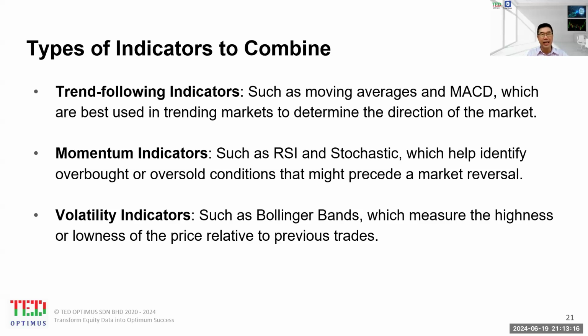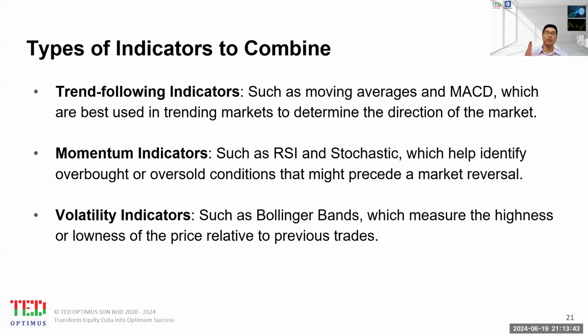For trend following, we can use moving average and MACD, which are best used in a trending market to determine the direction. So these are the indicators that we can combine. This is a trend following indicator. For momentum indicators, that means we want to see fast price movement.